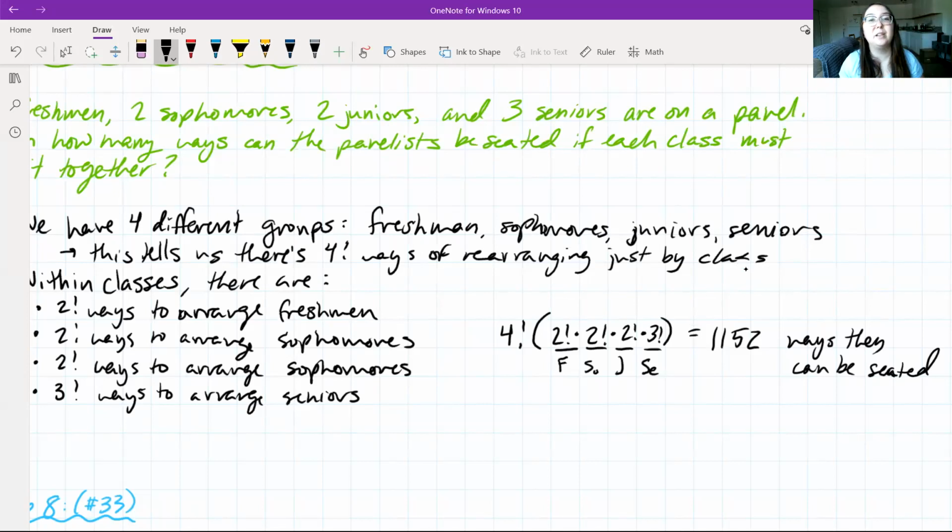So in this case, we're really following our multiplication principle more than our permutations, because this is telling us that we have our number of options and then our number of options we can arrange within those options. So in this case, we're kind of thinking about the layering of it. So it's like we have our classes and then we have the people within our classes. So it's definitely a multi-layered problem.